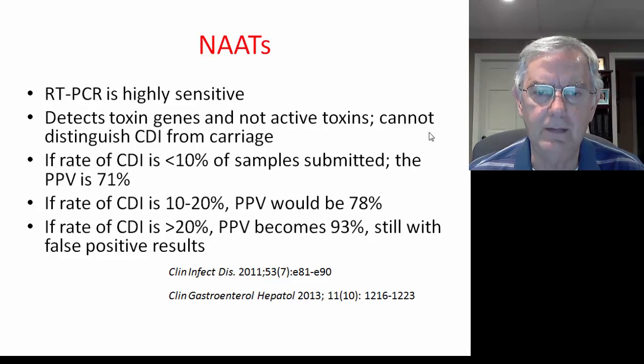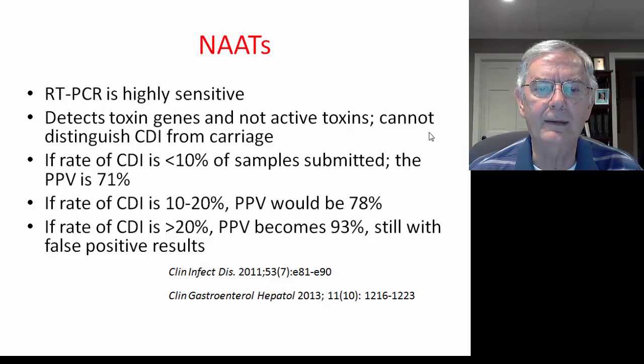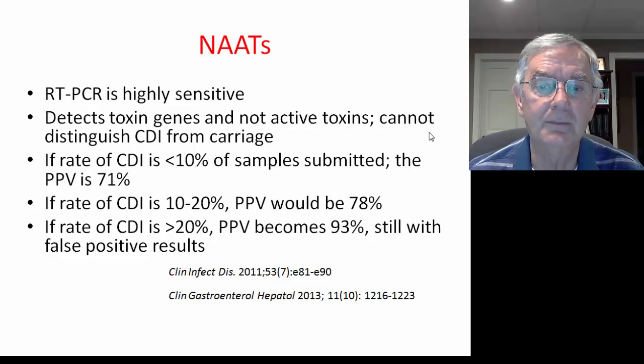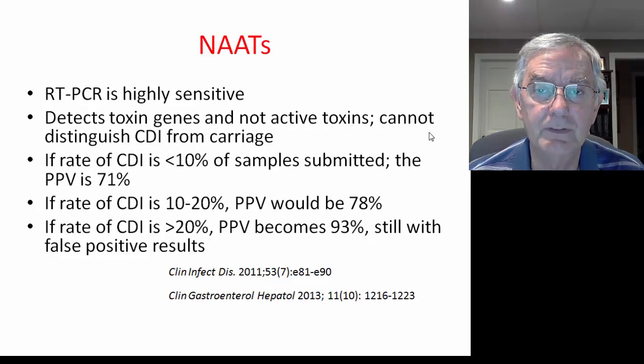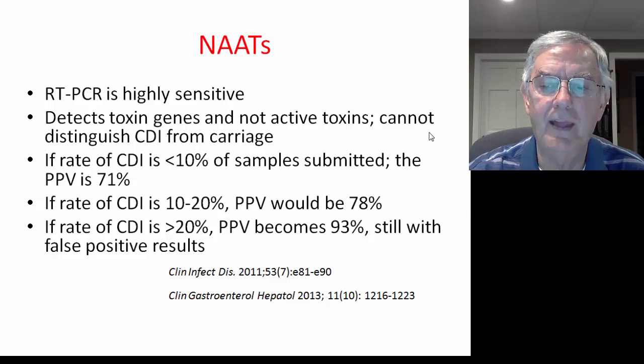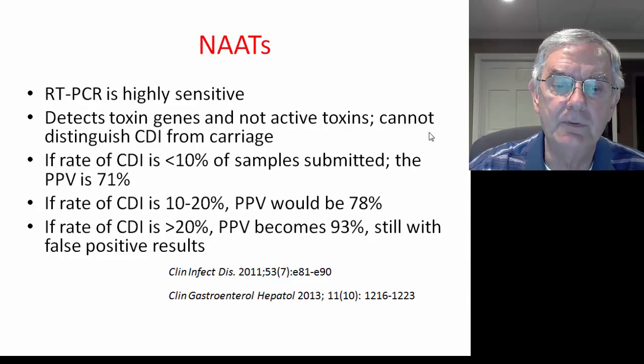In this study, it showed that at an infection rate as low as 10% or less, the positive predictive value of the PCR was only 71%. But as that rate of infection increased in the population to 20% or more, that positive predictive value becomes 93%.